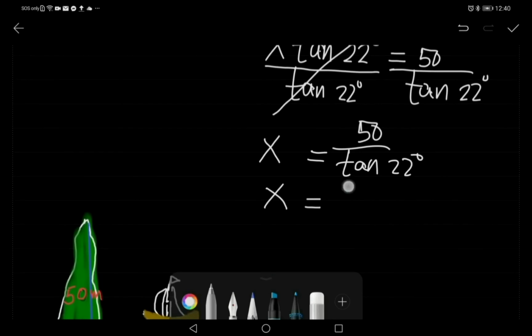So what is the value of tangent 22 in your calculator? Tangent 22 is equal to 0.4040.